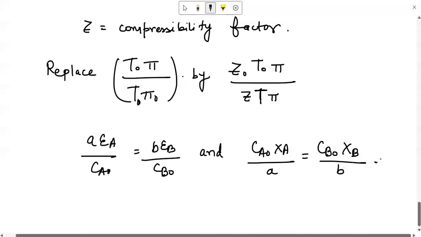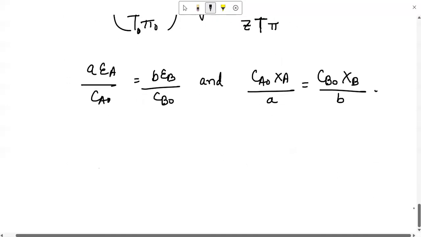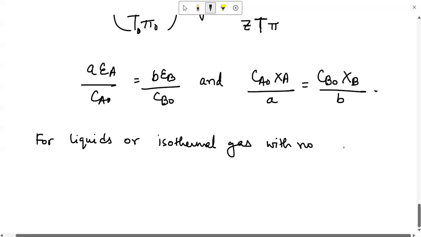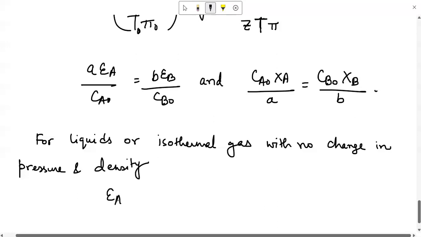So for another consideration in this same case, for liquids or isothermal gases with no change in pressure and density, we have to consider epsilon A tends to 0 and T0 pi by T pi naught tends to 1.